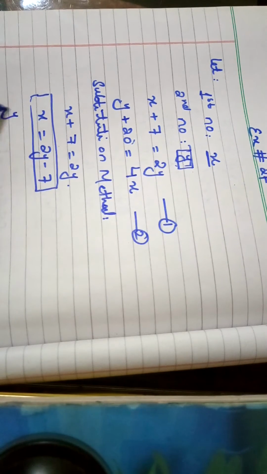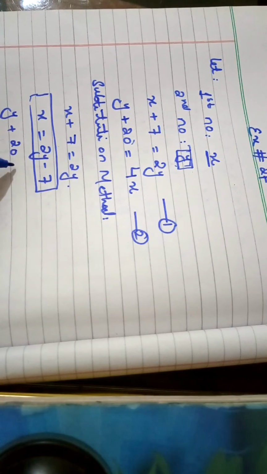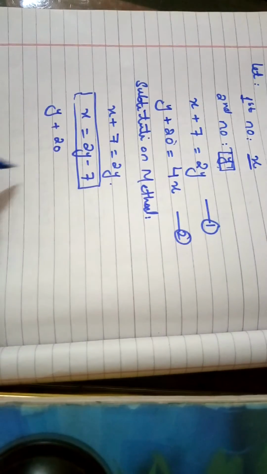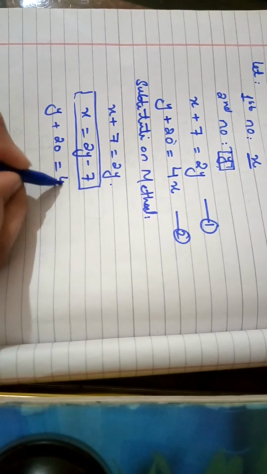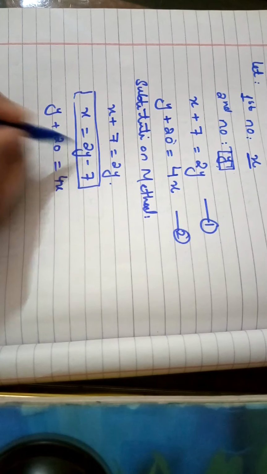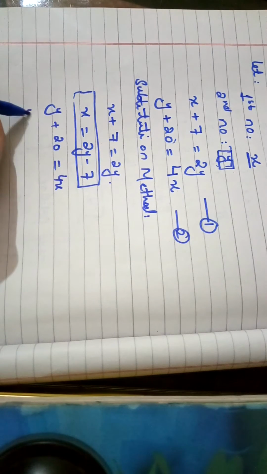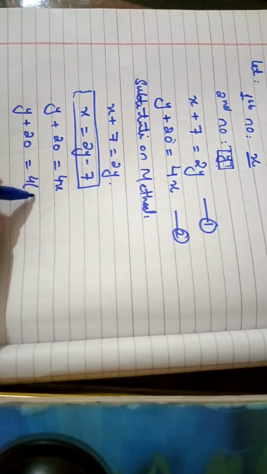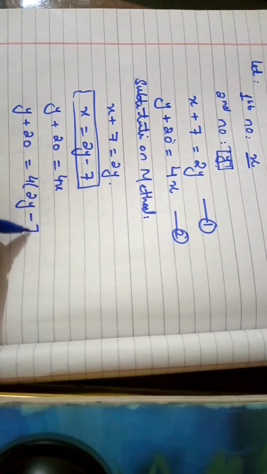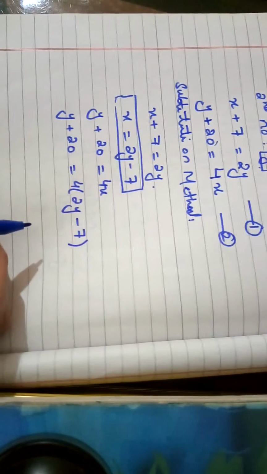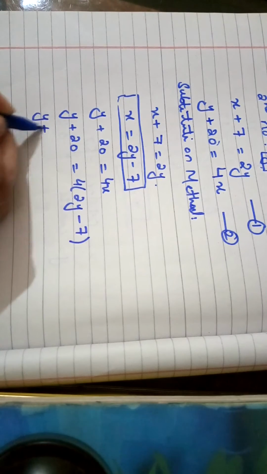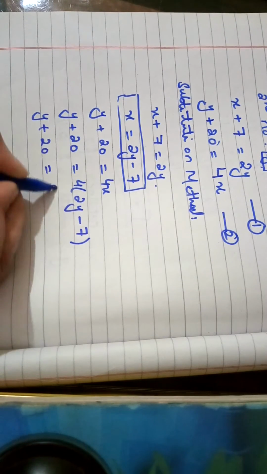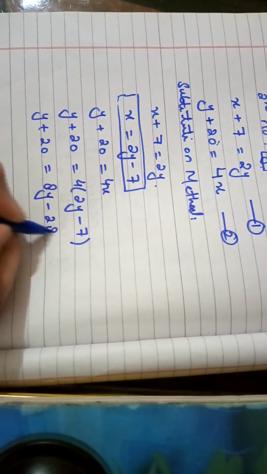Second equation is y plus 20 is equal to 4x. So what is the value of x? y plus 20 is equal to 4 into (2y minus 7). Now solve the equation. y plus 20 is equal to 8y minus 28.